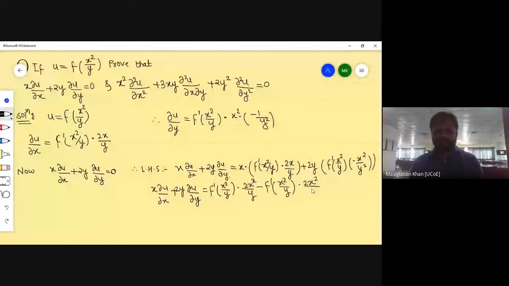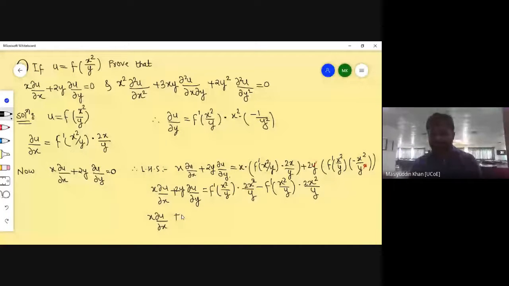I'm just cancelling this part, so hope you will understand. This y is cancelled with this square. So at the end, you can observe that these two parts cancel with each other, and at the end you will get x into x plus 2 into 2y into ∂u/∂y is equal to 0.